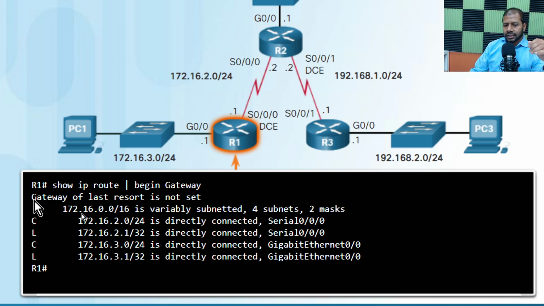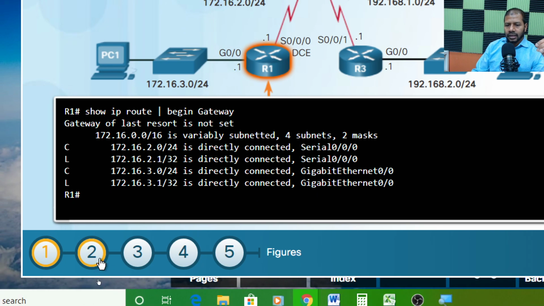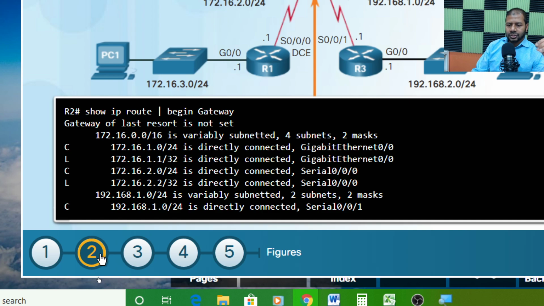It starts from the word gateway. So that's one of the ways to shorten the output of your command. Basically, he's doing the show ip route command, but he used a filter to make the output specific, starting from the word gateway onwards. Fine. Look at the second picture.